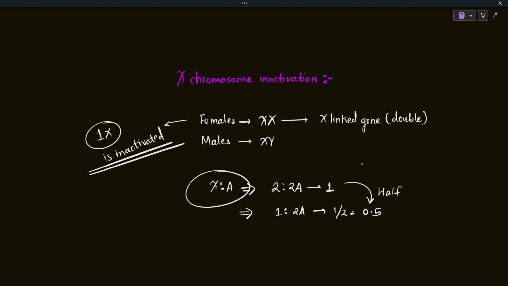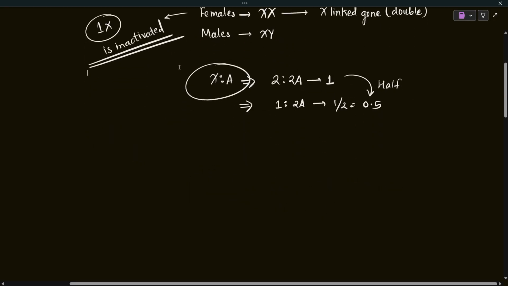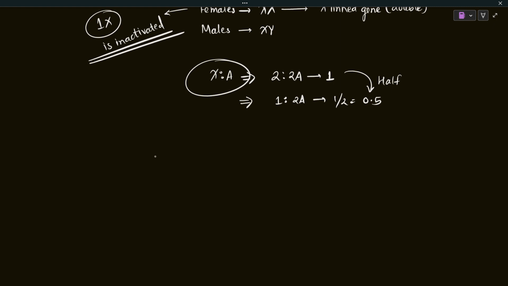The dosage of the sex chromosome is balanced. So today we are going to learn about X chromosome inactivation, the types, and the methods by which X chromosome inactivation is done. Okay, let's learn about that in detail.